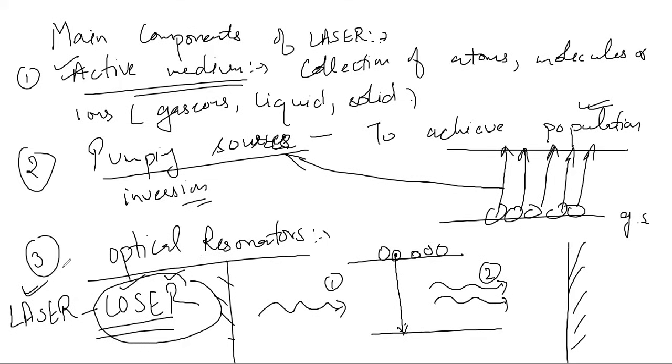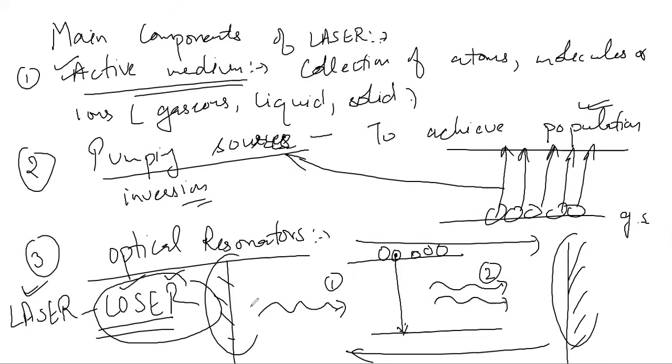You are making light oscillate in one direction, then reflecting it and bringing it back, so that amplification of light happens. So optical resonators could simply be your pair of mirrors, which are used for the oscillation and amplification of light.